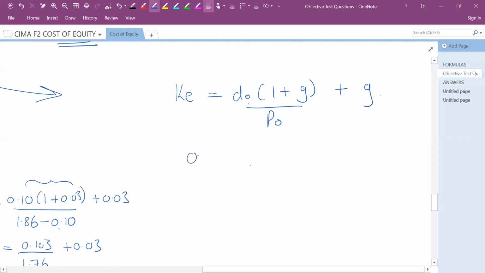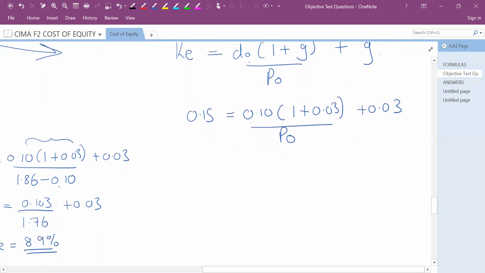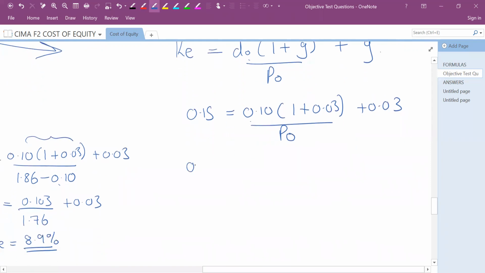It's 15%. So 0.15 equals dividend 1 plus the rate of growth over the ex-div share price plus 0.03. If I rearrange the formula, 0.15 minus 0.03 leaves on the other side 0.103 over P0.